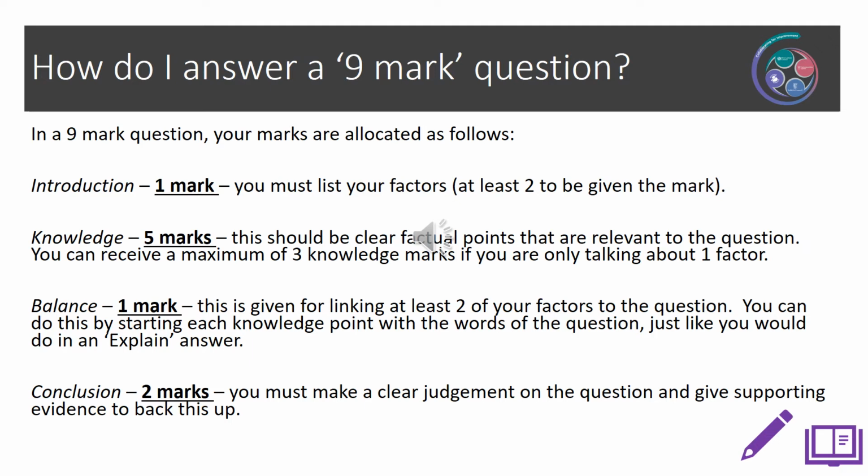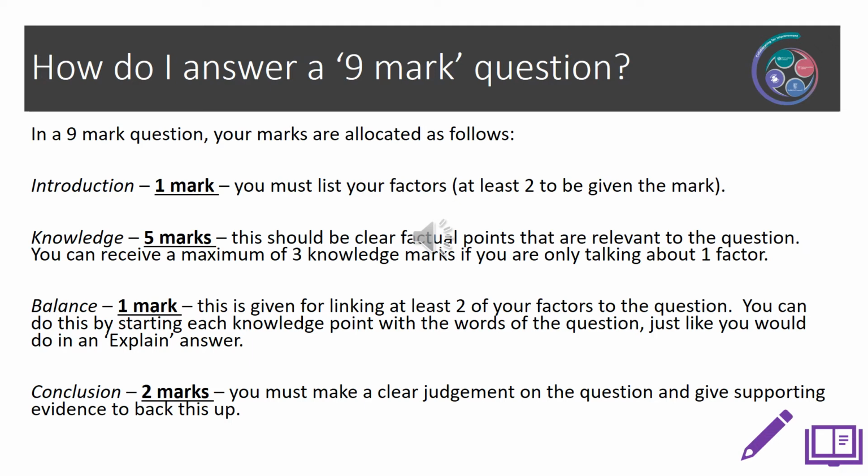Your conclusion is worth 2 marks. This is a really important 2 marks, and it's actually very easy for you to pick up the marks for this. In your conclusion, you have to make a clear judgment on the question. If this is an isolated factor question, the way that you would do that is by identifying what is the most important factor in your question.